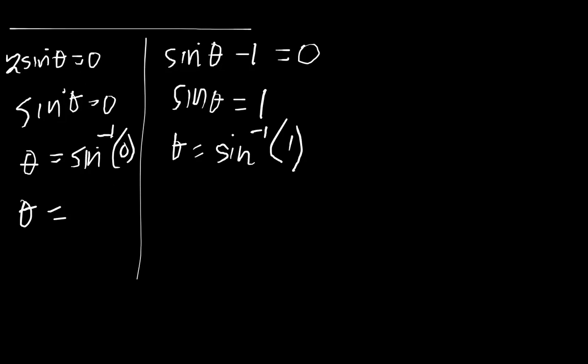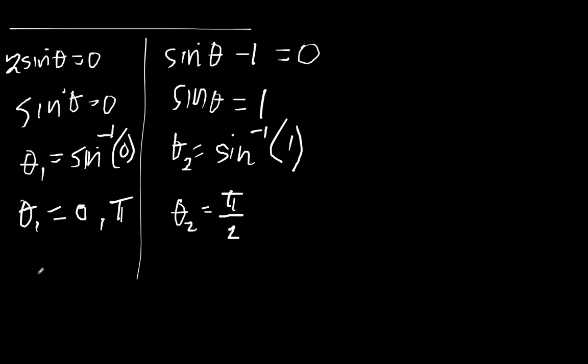These are 0 and pi. Tama, di ba? And how about this? What's the value of theta that would make sine theta equal to 1? That's pi over 2. Isa lang naman, di ba?